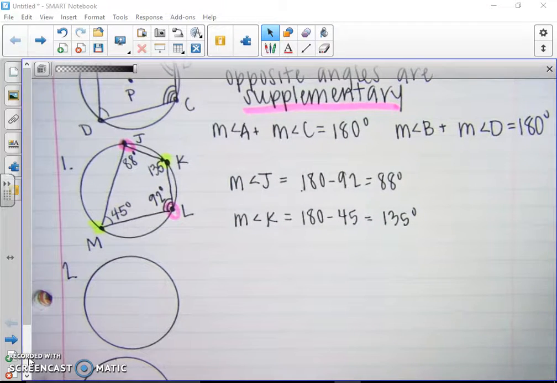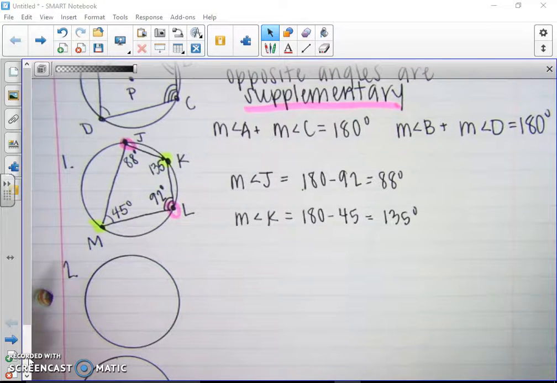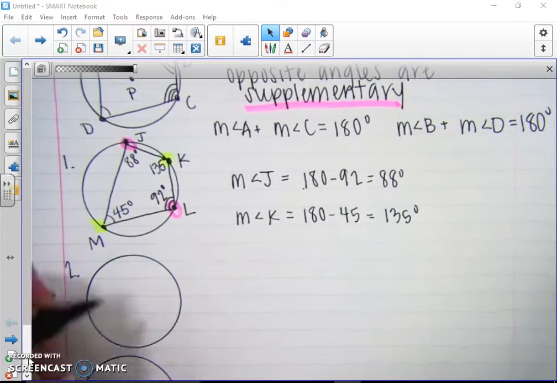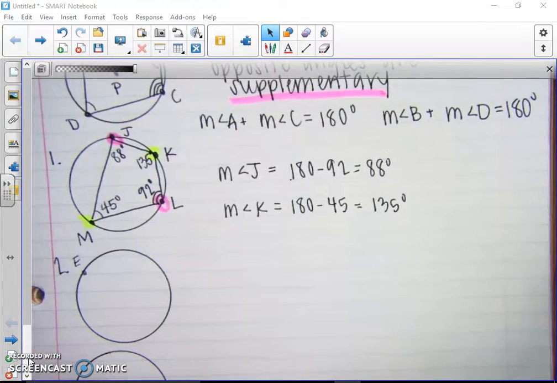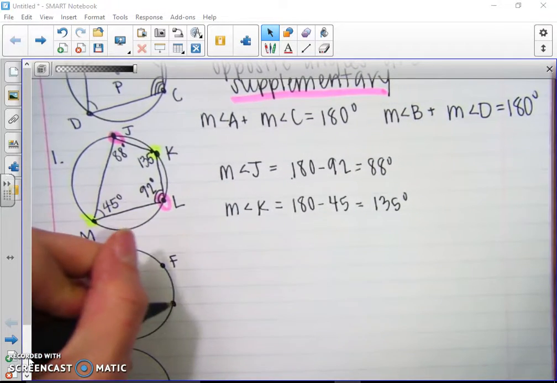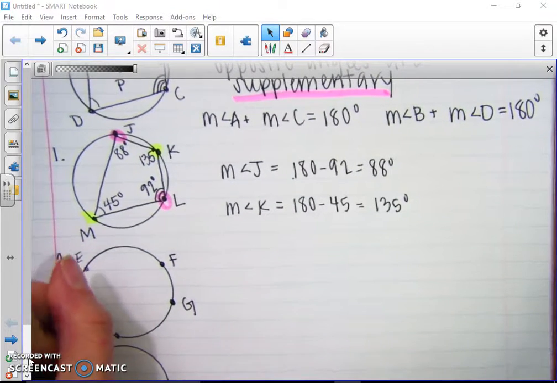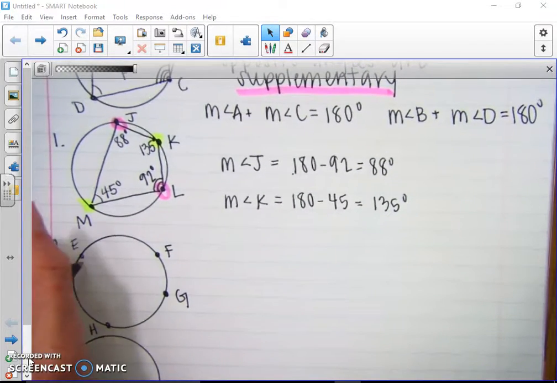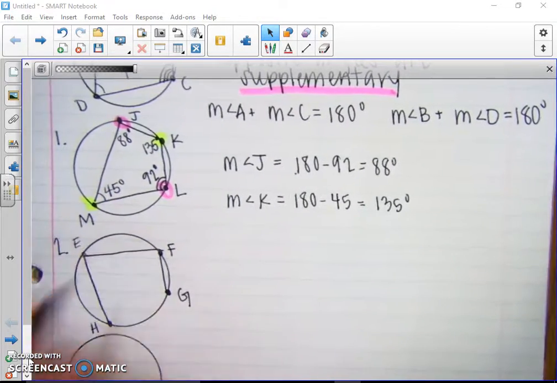All right. So we've got our circle. Let's write point E, point F, G, and H down here, and we'll create our quadrilateral.